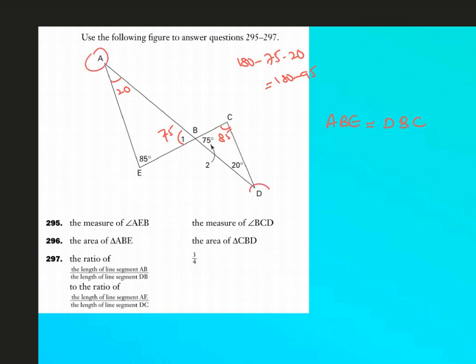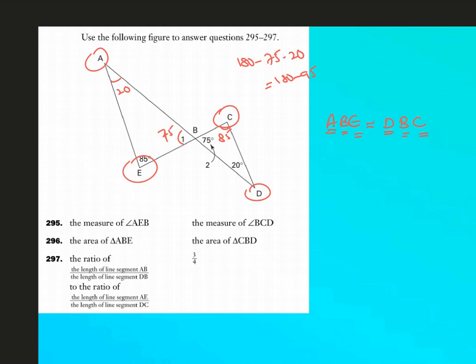Angle A corresponds to angle D, so that's A and D. Angle B corresponds to angle B, so B and B. Angle C and angle E are the same. So E is C. So order is important here. You'll have to state which angle corresponds to which one in the other figure. Now once you know this, let's try answering the parts.